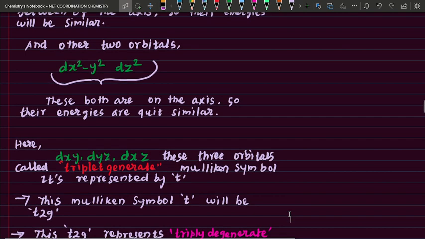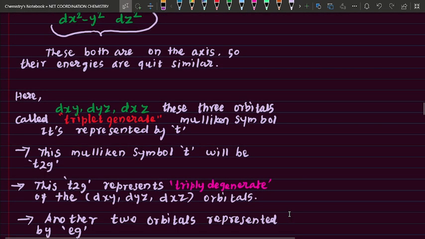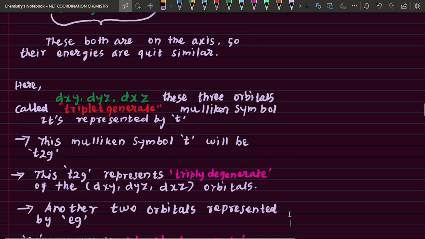These 3 orbitals, dxy, dyz, dxz, are called triply degenerate, represented by the Mulliken symbol T, which is T2g.